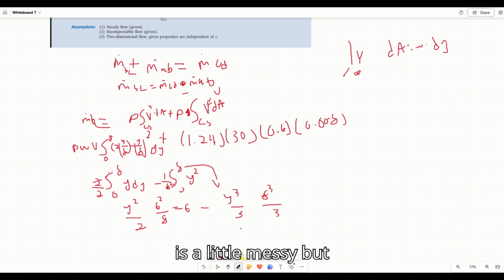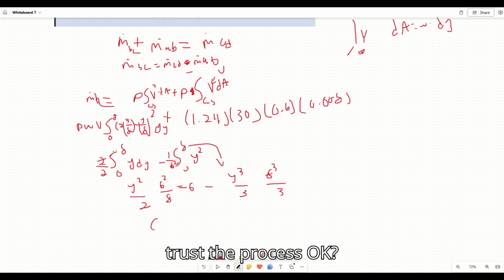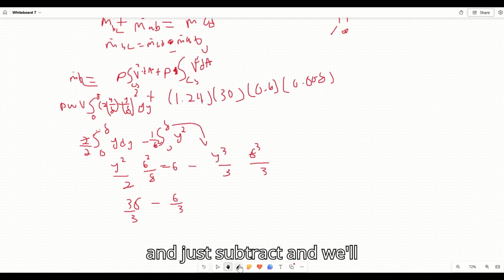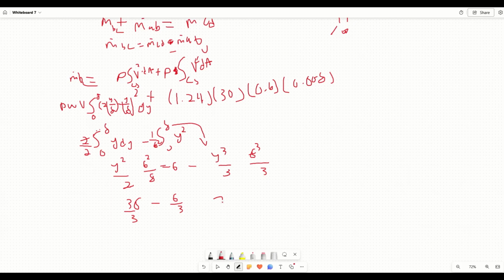So sorry, my work is a little messy, but trust the process, okay? So the duck minus the duck over 1/3, okay? So now we can multiply this duck by 3 over 3 and just subtract, and we'll get 2 of these ducks over 3, okay?